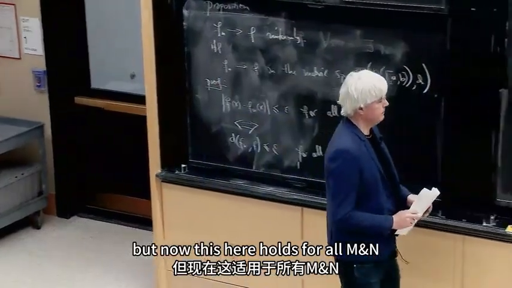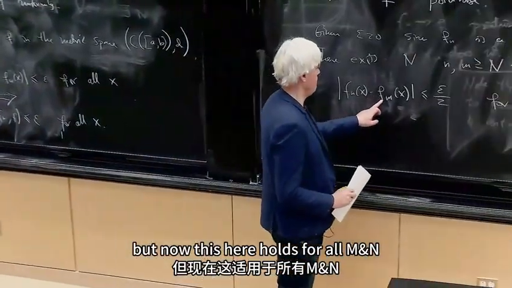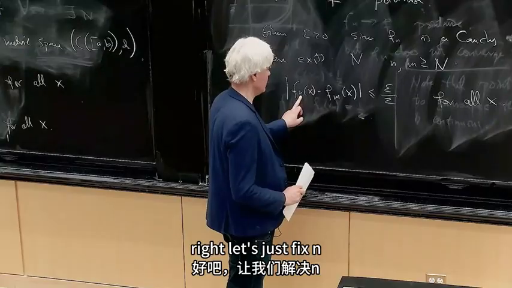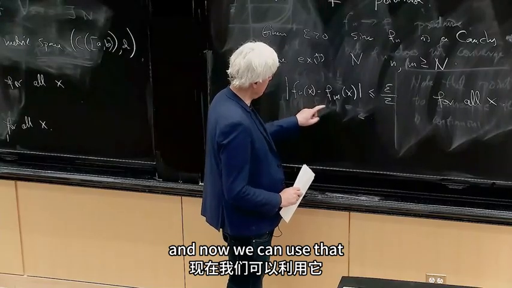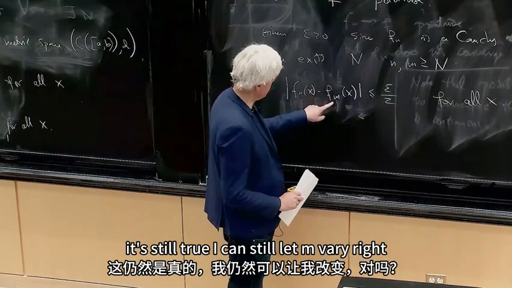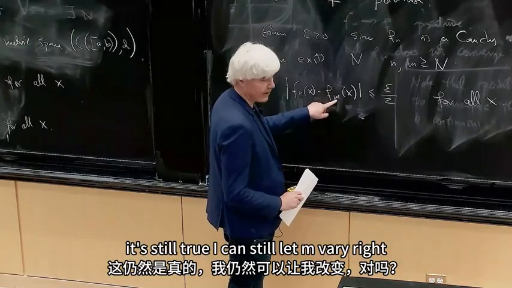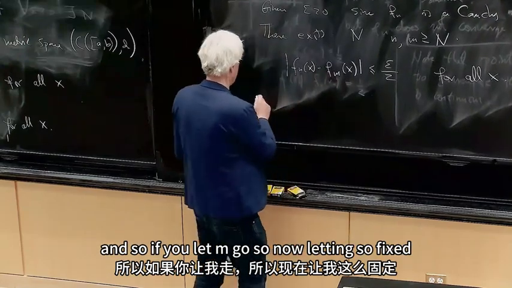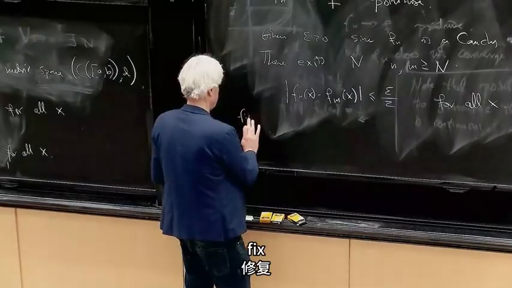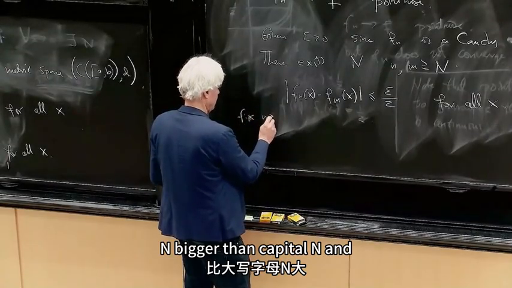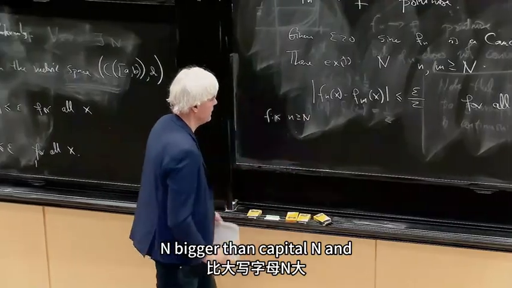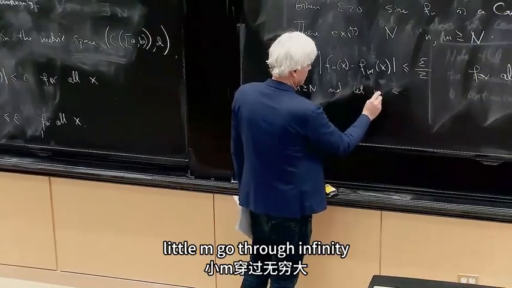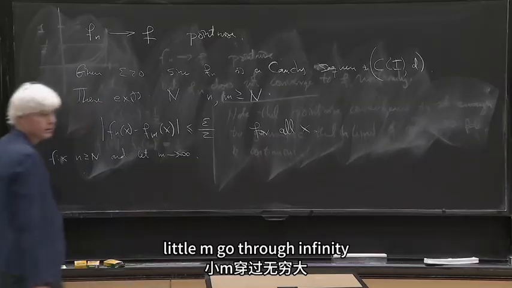But now, this holds for all m and n. Let's just fix n, and I can still let m vary. So fix n bigger than capital N, and let little m go to infinity.